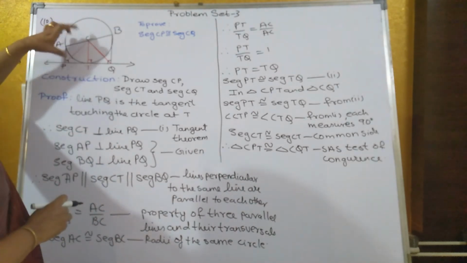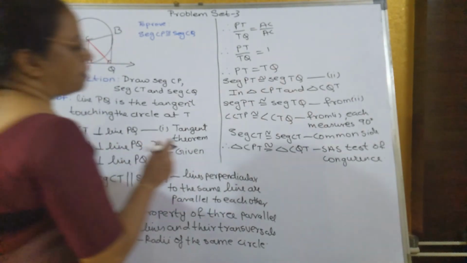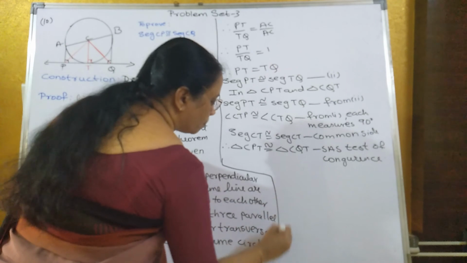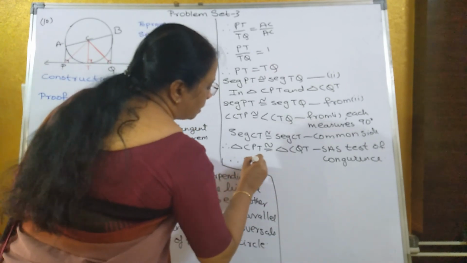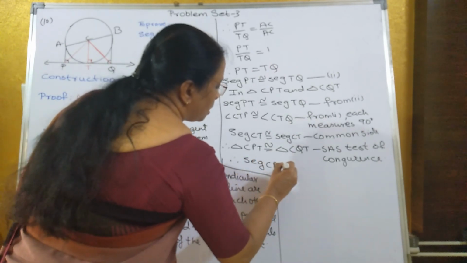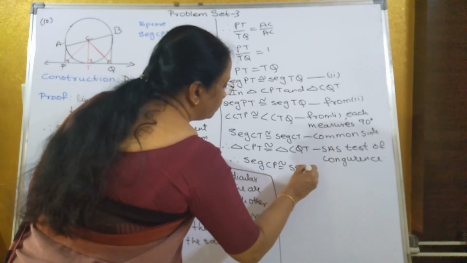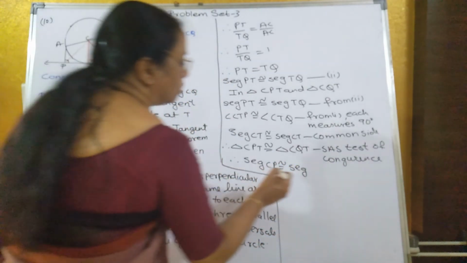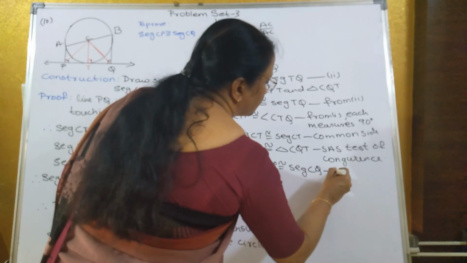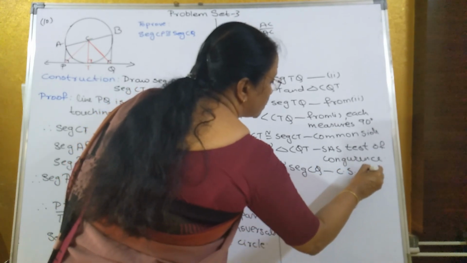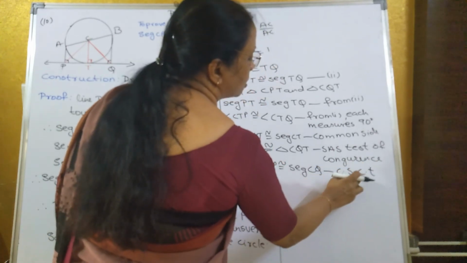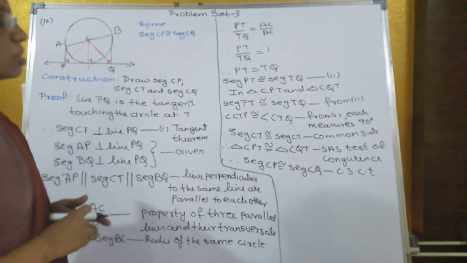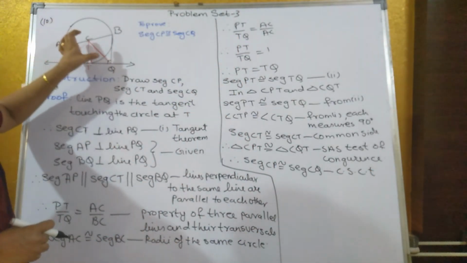Therefore CP is equal to CQ. Therefore segment CP is congruent to segment CQ. What is the reason? CSCT, that is, corresponding sides of congruent triangles. Since the triangles are congruent to each other, therefore CP is equal to CQ.